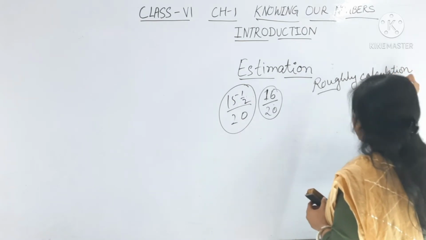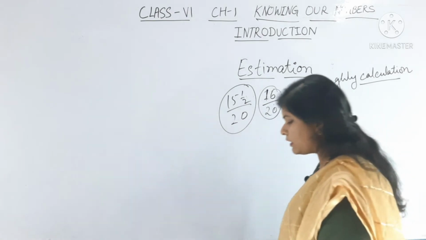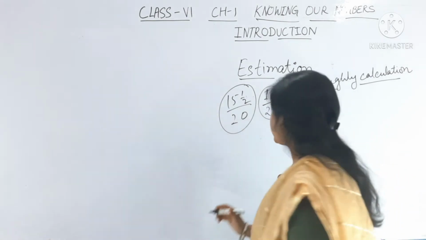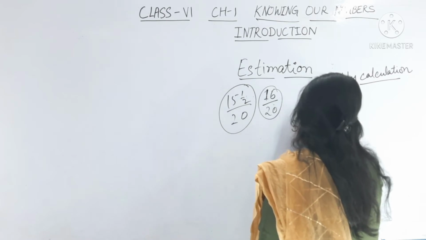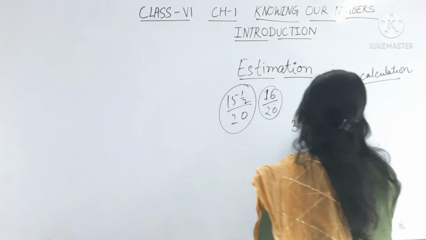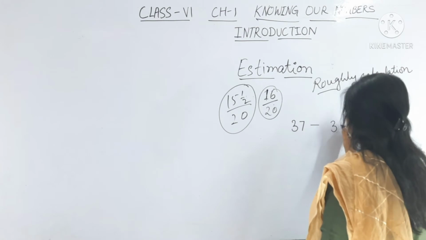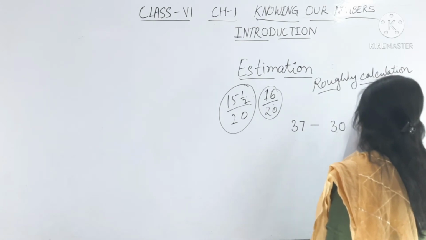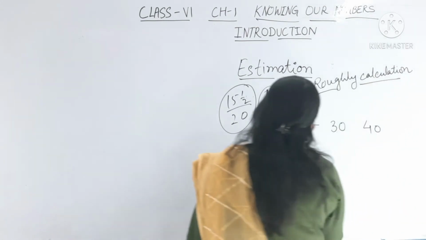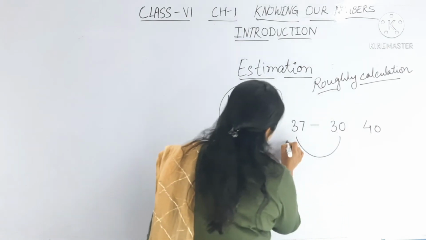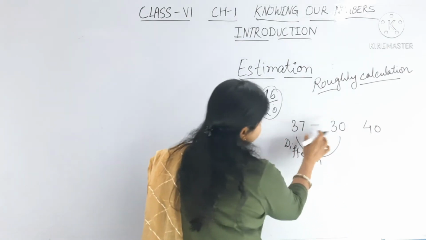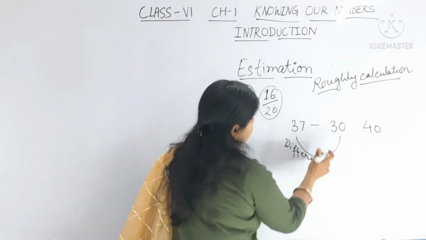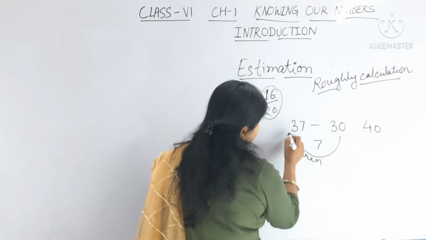So how do you calculate and estimate the values, let's see. If we have 37, you can write here 30 and you can write 40 also. So you can see the difference here. How much is the difference between 37 and 30? This is 7.